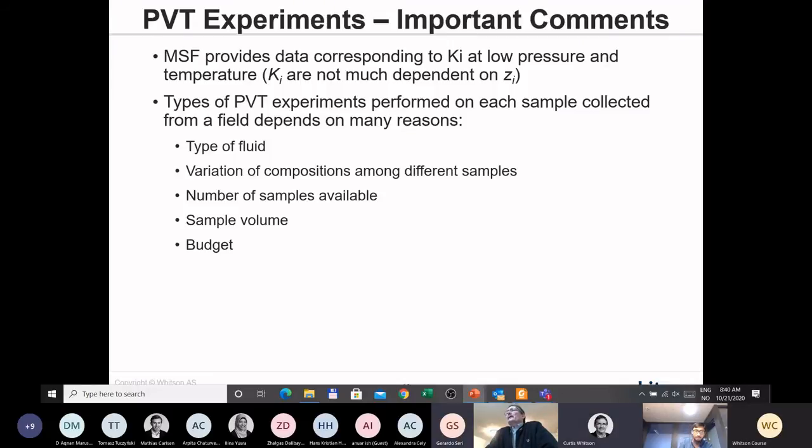So that has probably the most profound effect. The CVD removes some of the gas, which has less effect, and the CCE doesn't remove any gas. So it's constant composition. So it's to some degree a function of the number of steps, but it's probably more important that the DLE has the biggest impact on total composition.